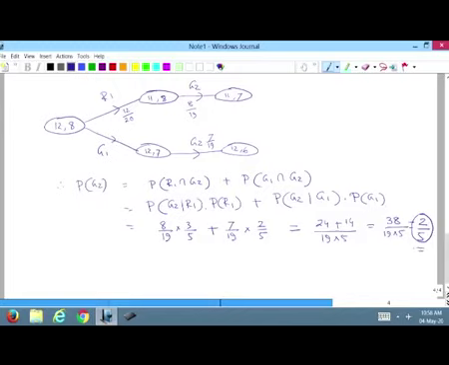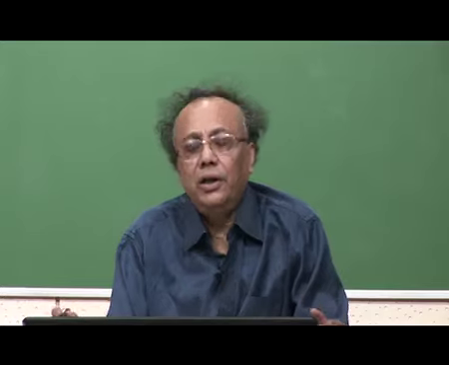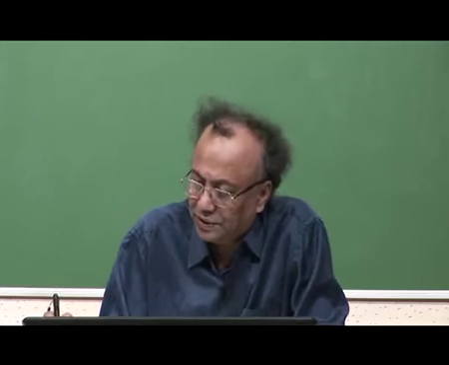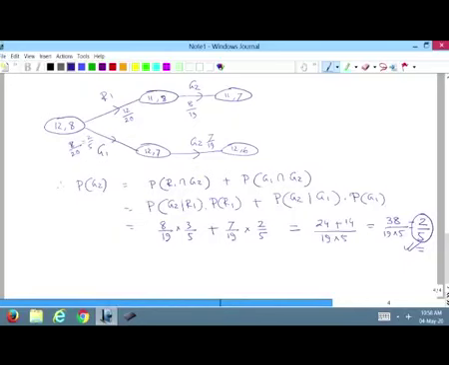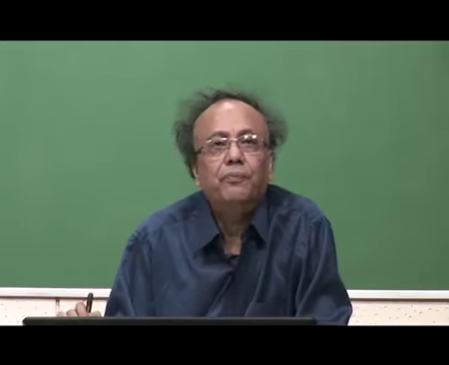We knew that the unconditional probability of the first ball drawn being green is 8 upon 20, which is 2 by 5, and now we get that the unconditional probability of drawing the second ball to be green is also the same, 2 by 5.